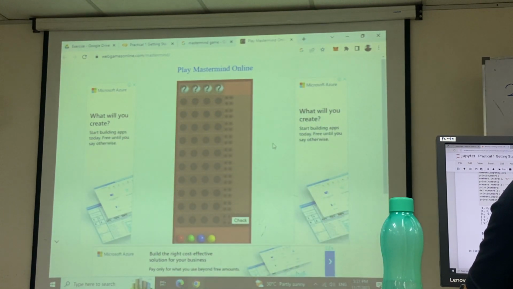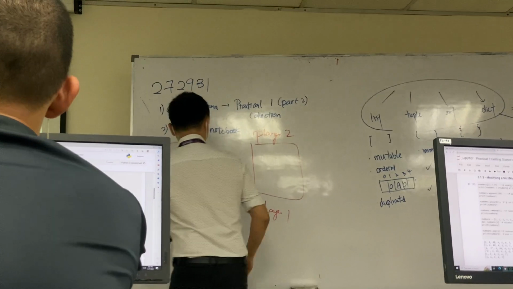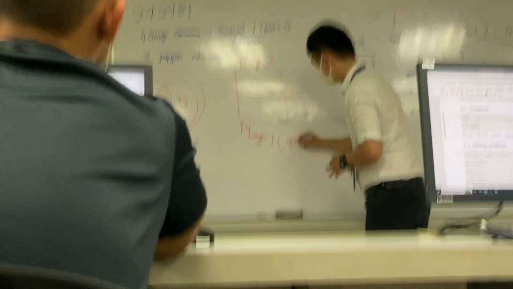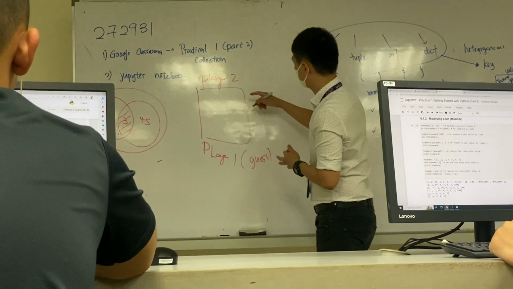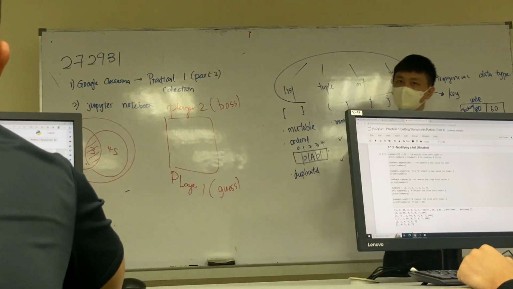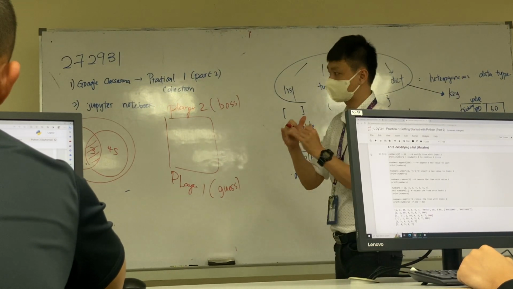So let's say we have a player 1, and this is player 2. So player 1 acts as a guesser. Player 2 acts as a boss. So this boss here, he has to randomly pick out of 6 colors.